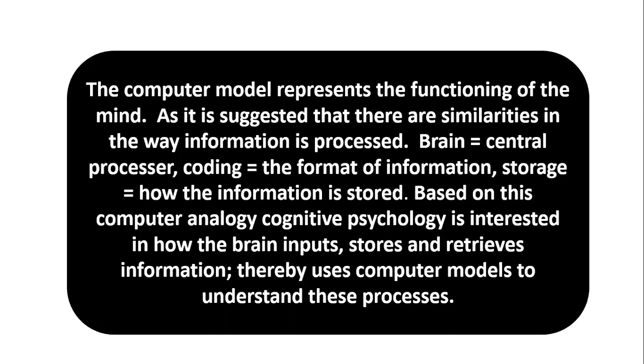For example, the brain would equal your central processor, your hard drive. Coding, right? The format in which we use the information. So when you've typed, actually your computer could be putting it into its own computer language in order to process. And that's what we do. Our thought processes code that information.